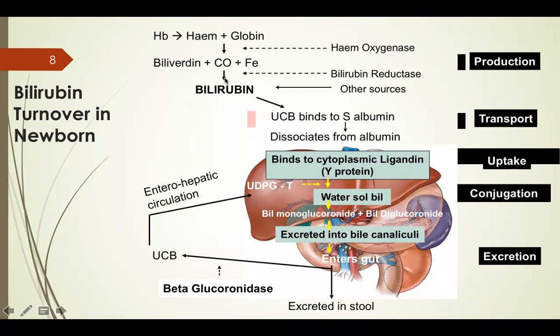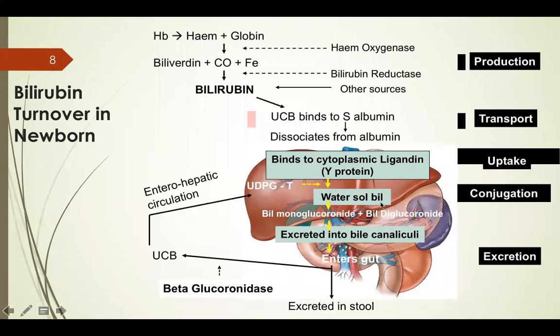So then there is another source. They will bind as unconjugated bilirubin, which binds to albumin. This albumin-bound bilirubin goes inside the liver by the protein we call Y protein, or ligandin. Ligandin makes it water soluble, then it is excreted by the canaliculi, then excreted to the stool.